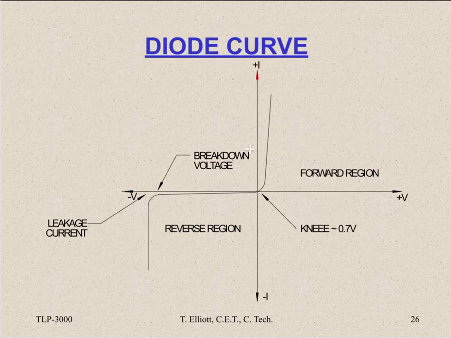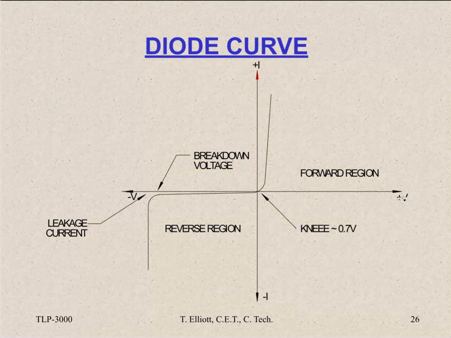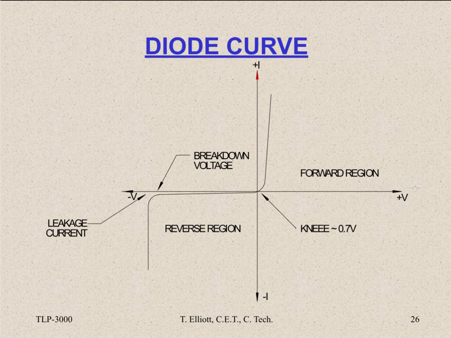Diode characteristic curve. So this is the forward region, positive voltage, reverse region, negative voltage, positive current, negative current. You increase the anode to cathode voltage, and then at 0.7 volts, here at this knee, the diode starts to turn on.